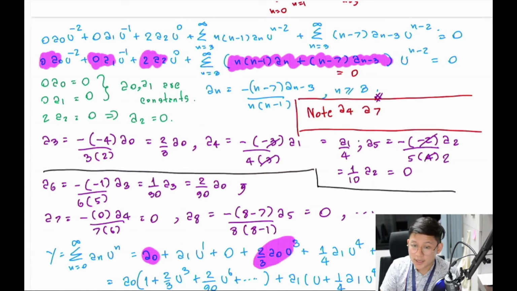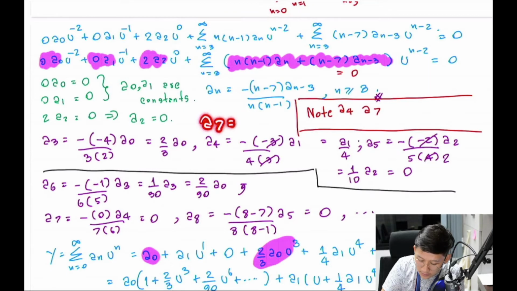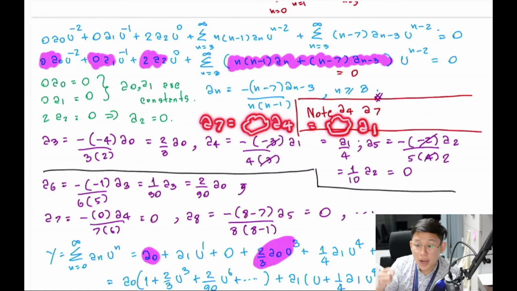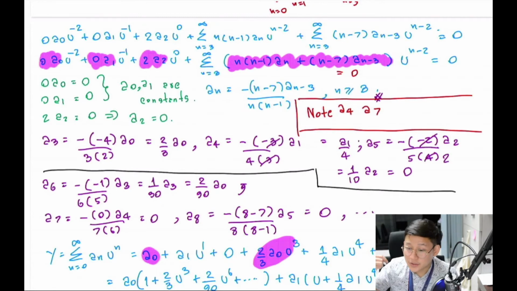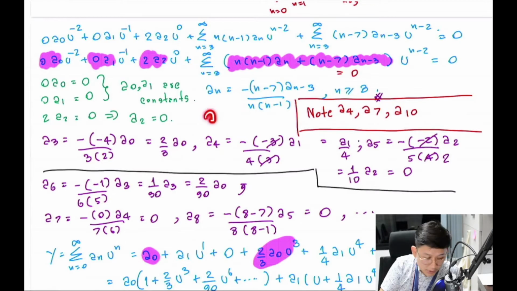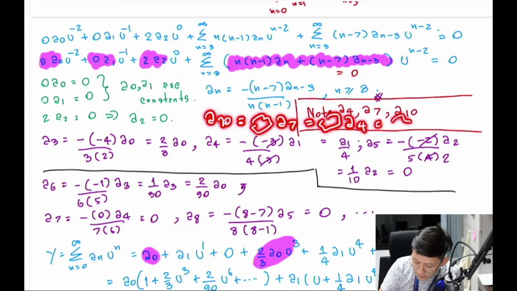And you will have A1 again when you have A7, right? Because A7 is something and then A4, which is something and then A1. And you will have A1 again when you have A10, because A10 would be something A7, which is something A4, which is something A1.